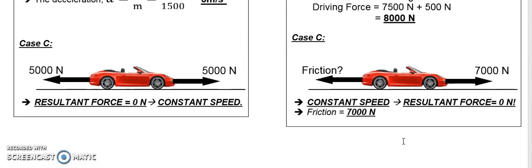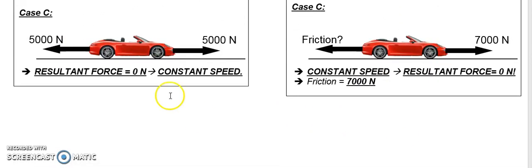Case C is most interesting. Basically, the resultant force is 5,000 newtons to the right and 5,000 newtons to the left, or rather forwards and backwards, so zero resultant force, right? From the equation F equals ma, F is zero, so acceleration must be zero, which means it's at constant speed.